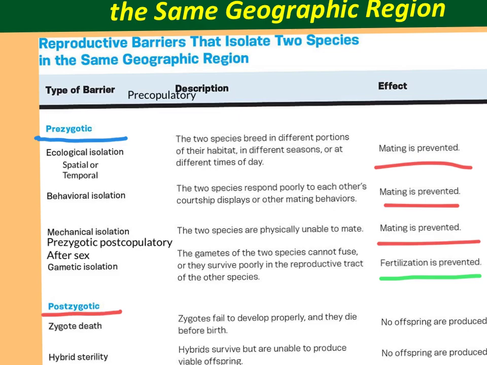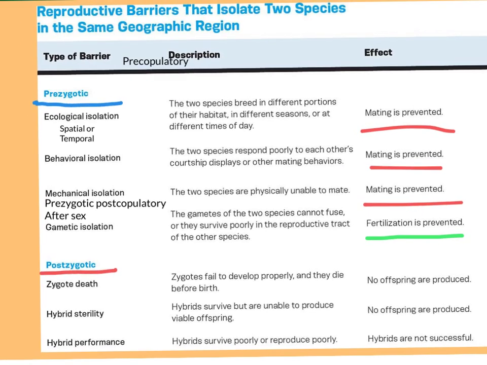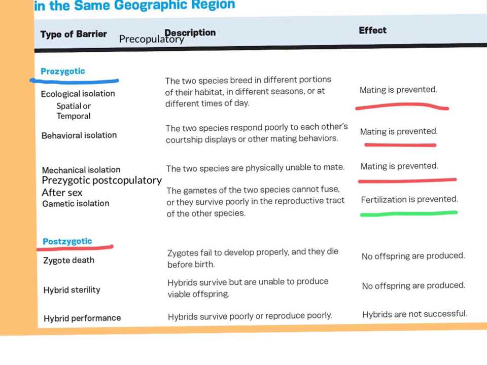And then finally, postzygotic. There's fertilization, but the zygote dies, or the embryo dies at some point.